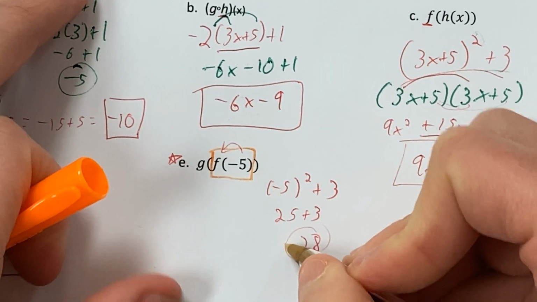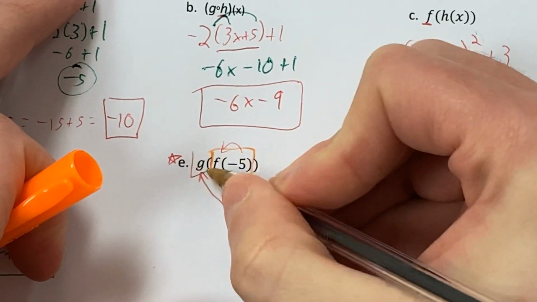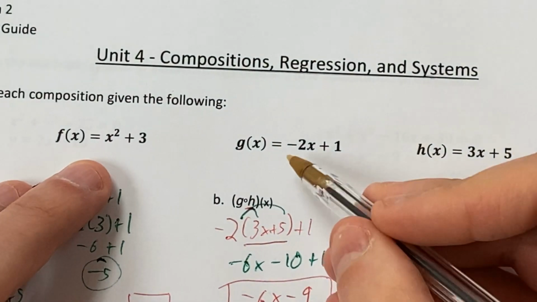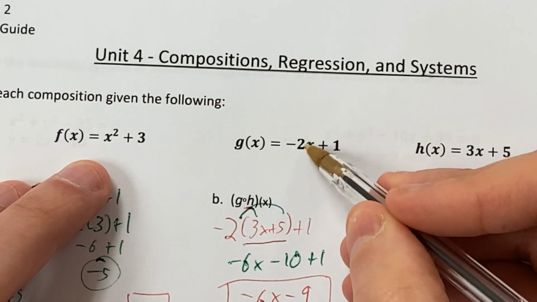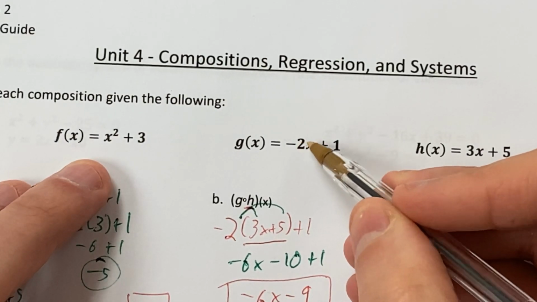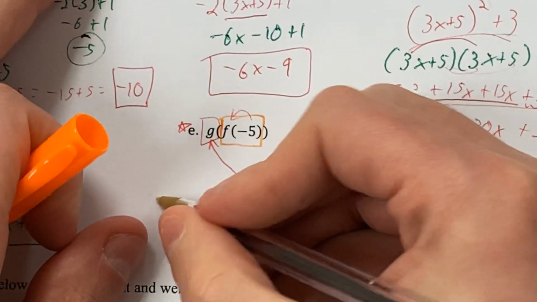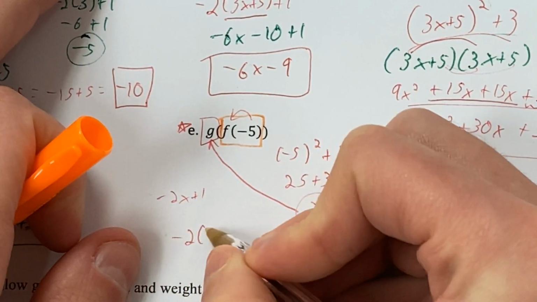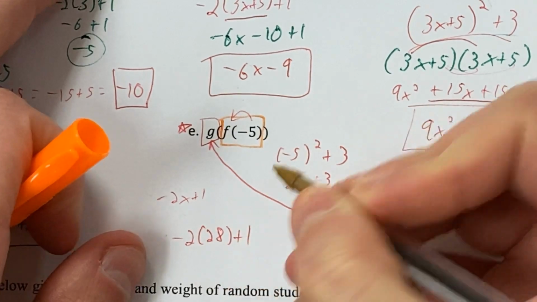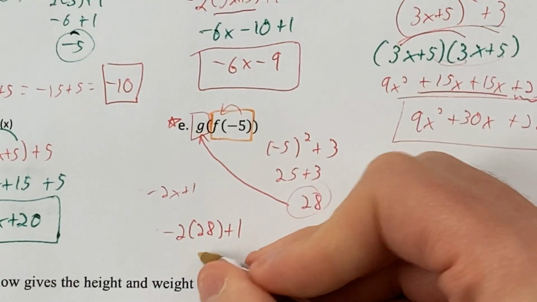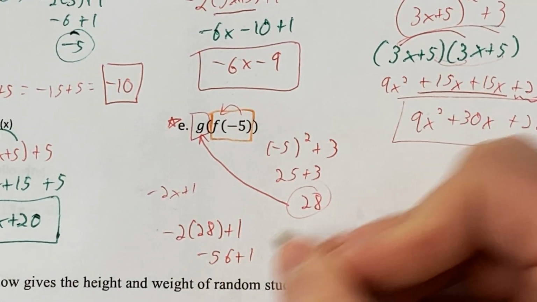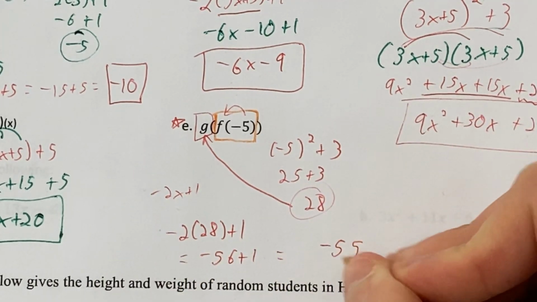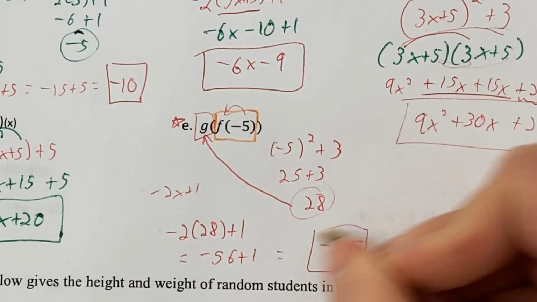You then take that 28 and plug it into g. Since g is negative 2x plus 1, you plug it in there. You plug in 28, so negative 2 times 28 plus 1, which is negative 56 plus 1, which is negative 55.